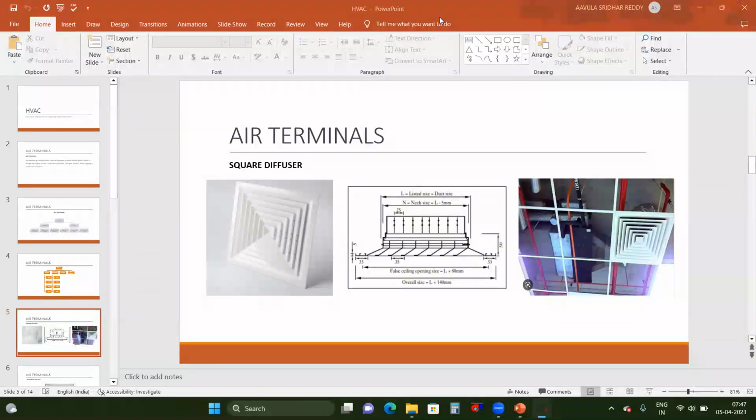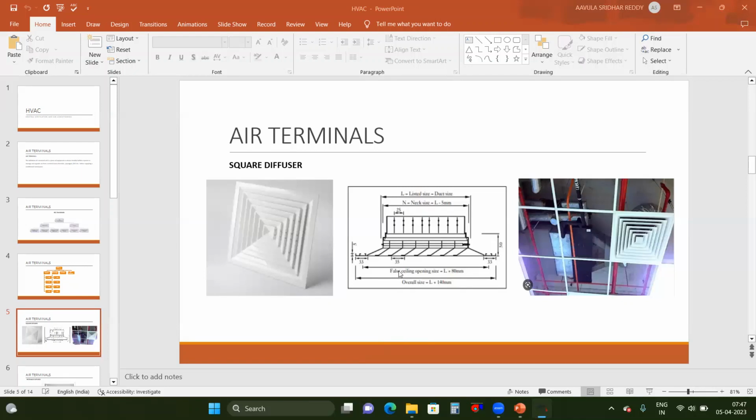So before that, we need to understand there are two sizes for these diffusers. One size we call the outer size. Here you can see the overall size, L plus 140. This is nothing but the overall outer size.